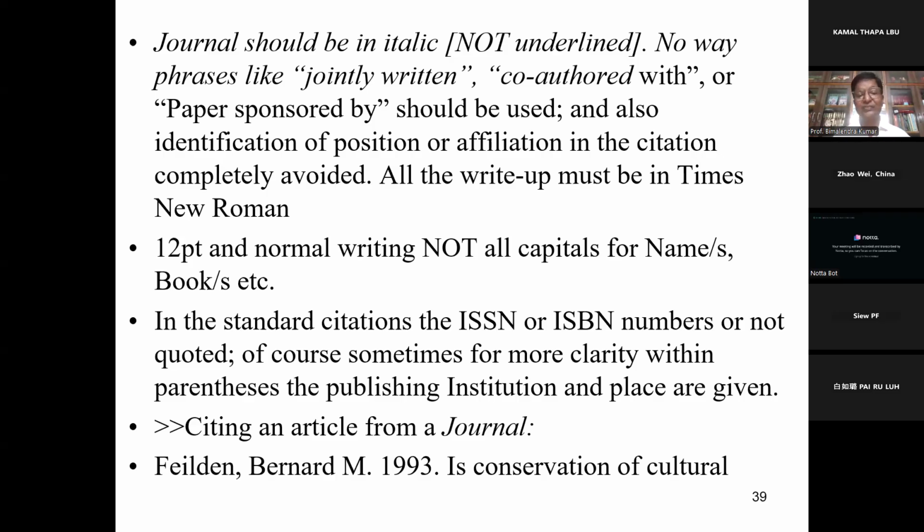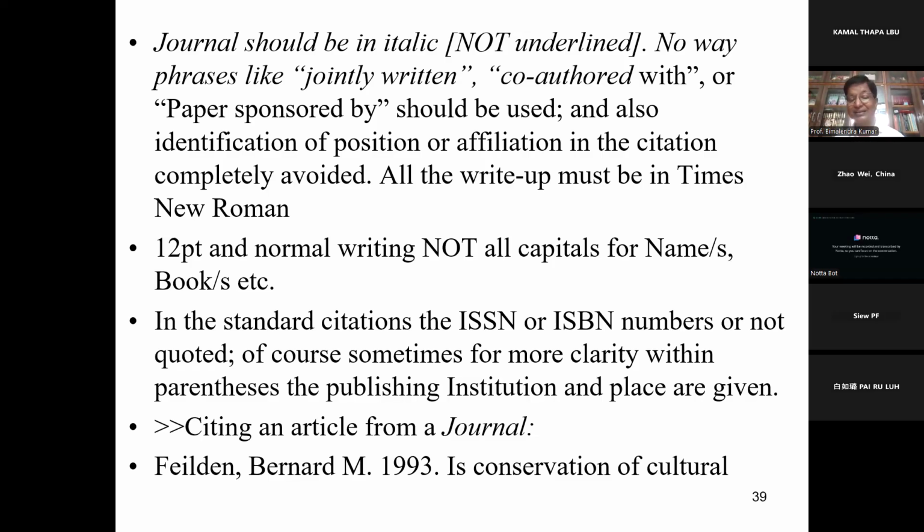And identification of the position or affiliation in the citation should be completely avoided. All the write-up must be in Times New Roman. Generally Unicodes are accepted for the dissertations. So Calibri or Times New Roman, you can put 12 point and normal writing, not all capitals for the names and books, etc.